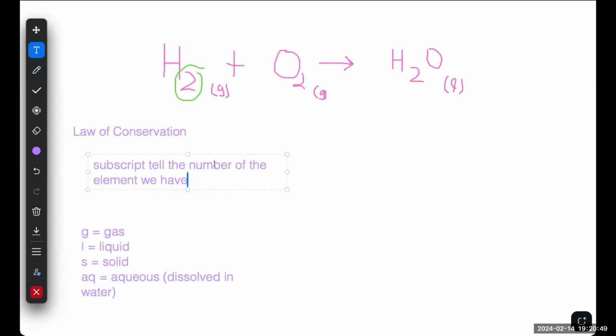In this case, hydrogen has two. We have two hydrogens. In the case of oxygen, how many oxygens, or oxygen atoms, do we have? Right here, two. Okay.